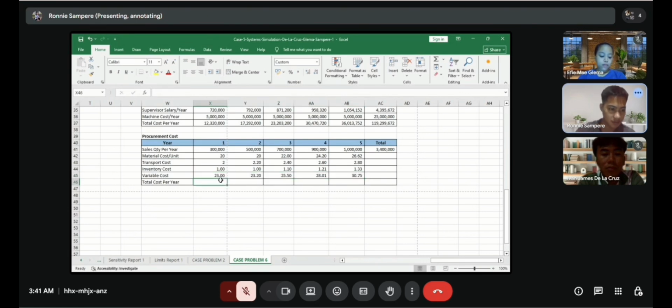Total cost per year: we multiply the variable cost by the sales quantity per year. So the formula is variable cost, then multiply the sales quantity per year.